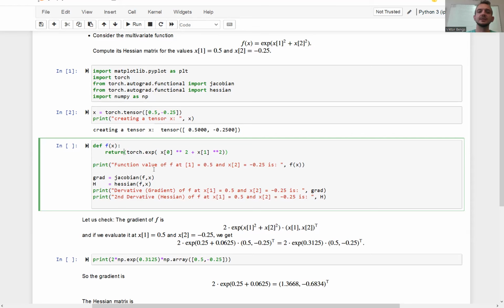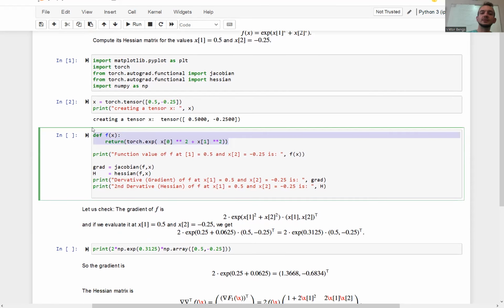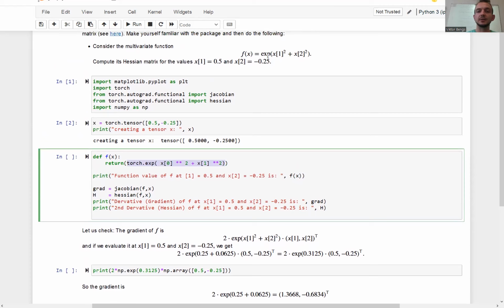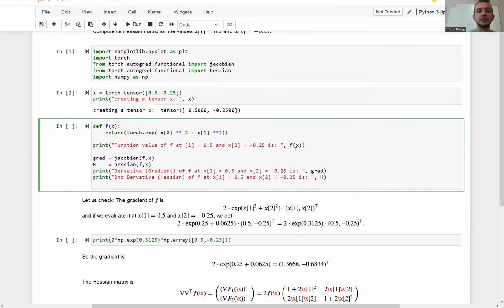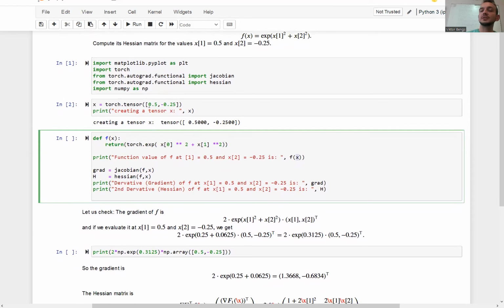And now, this is what I haven't done last time. We can also specify functions, as usual, and use the function we would like to have. The function we would like to have is this exponential function, adding up the squared components of the input. This is what you see here. Then we can evaluate it at the value we are interested in, which we have specified above.